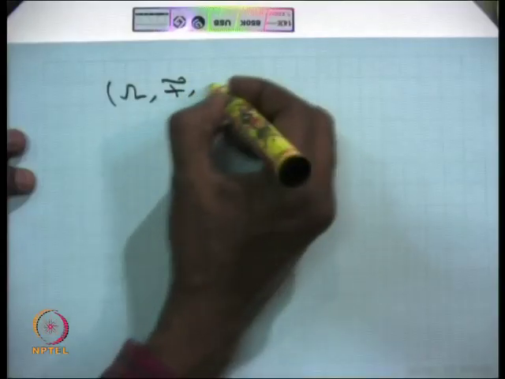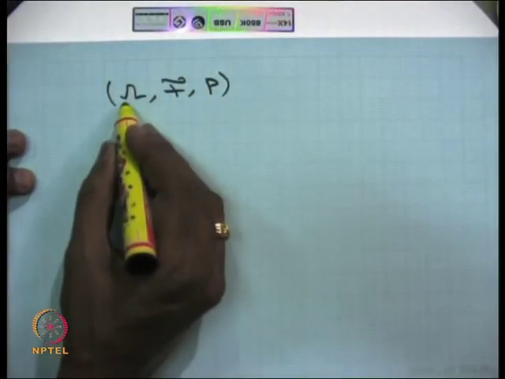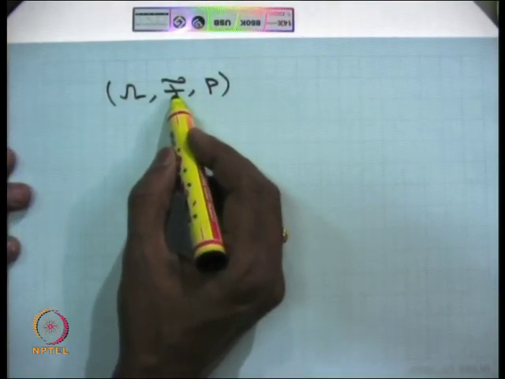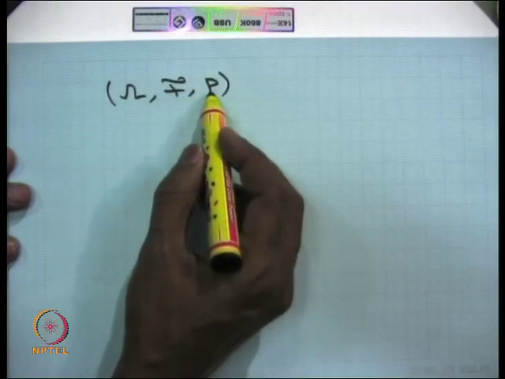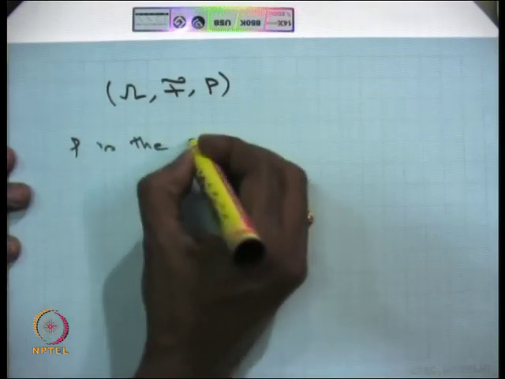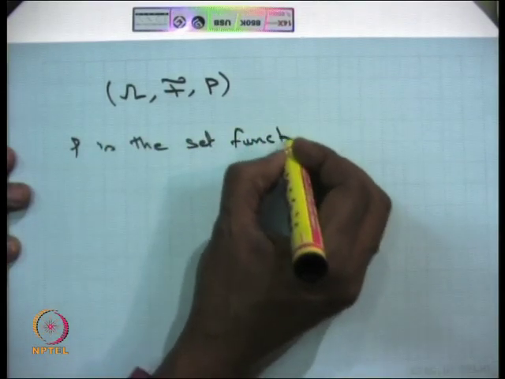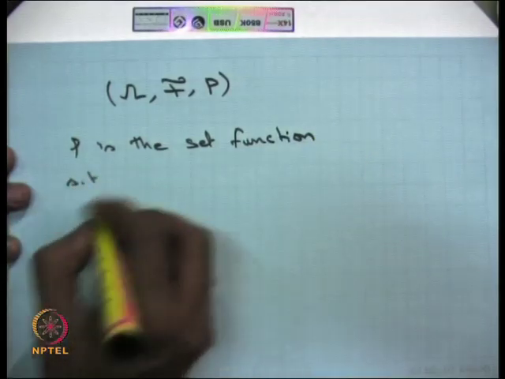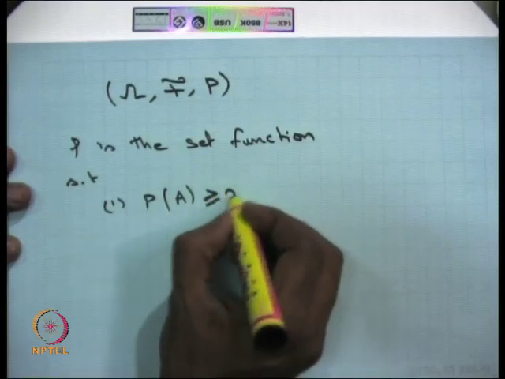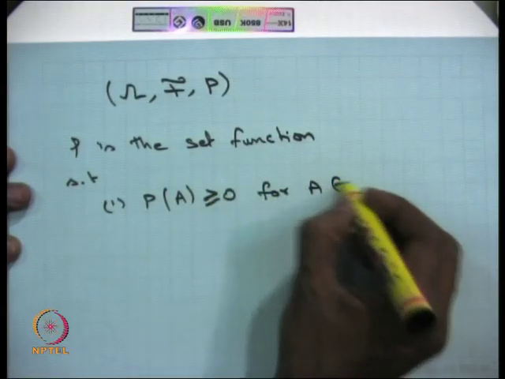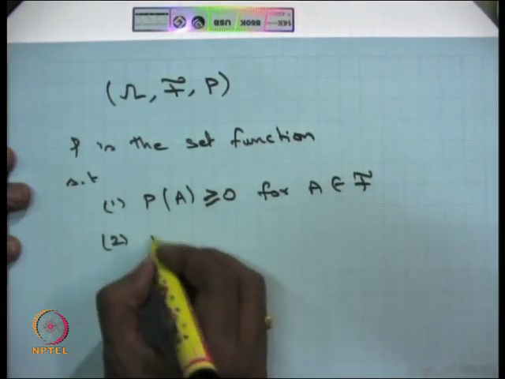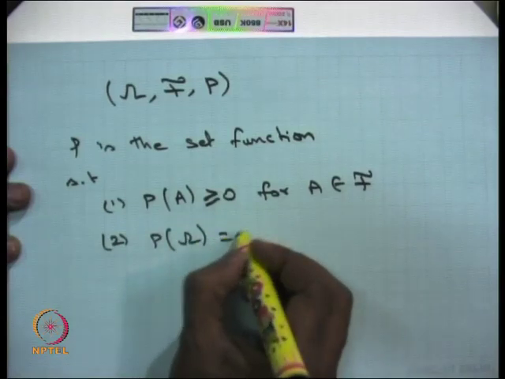The probability space is a triplet in which omega is the collection of possible outcomes, F is the sigma algebra over omega, and P is the set function such that P of A is always greater than or equal to 0 for any A belonging to F. The second condition: P of omega is always 1.